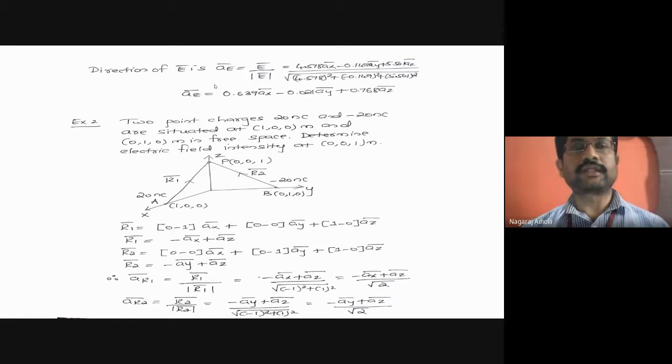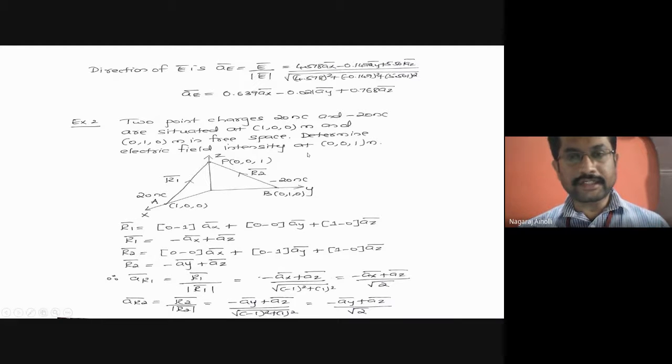Okay, students. Shall we go to the next example? Second example. Note down this problem statement. Two point charges 20 nanocoulomb and minus 20 nanocoulomb are situated at 1, 0, 0 meter and 0, 1, 0 meter in free space.